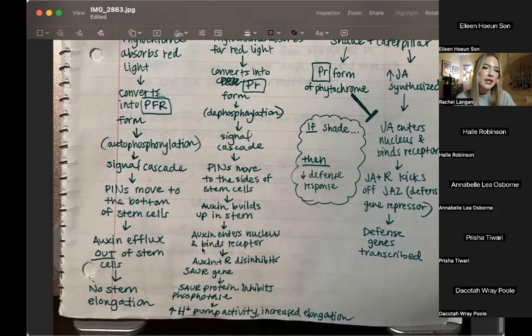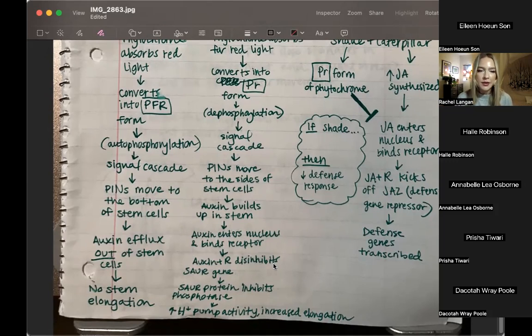Then auxin in those stem cells is going to enter the nucleus and bind to its receptor. And then the auxin plus receptor is going to bind to the SAUR gene and actually kick off its repressor. So it's going to disinhibit the SAUR gene.